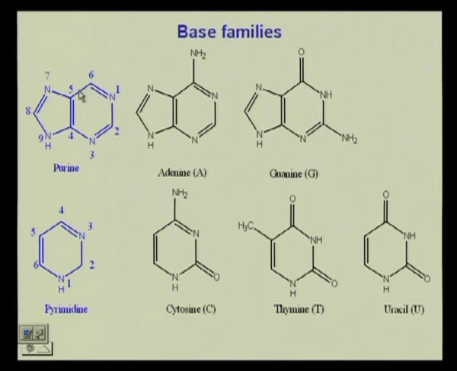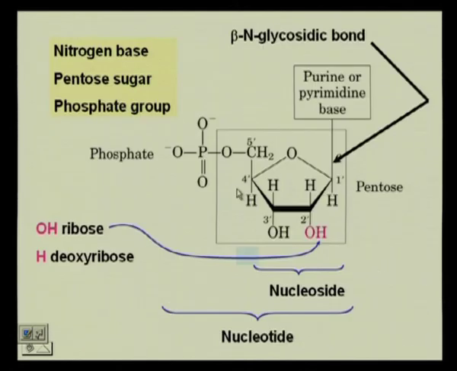This is the numbering system that you have for purines, the numbering system that you have for pyrimidines. Okay. And as we mentioned before, when we are looking at DNA, we have A, G, C and T. When we have RNA, we have A, G, C and U instead of T. So, these are our different base families.